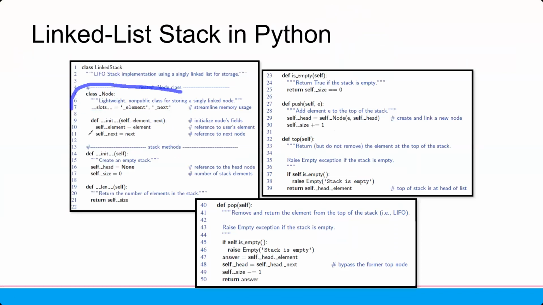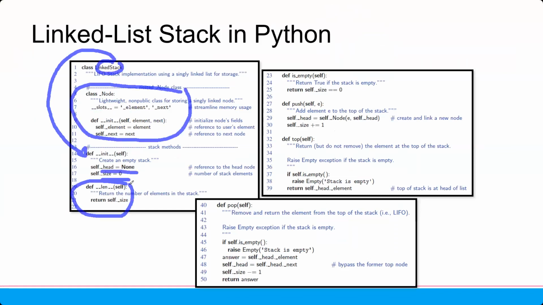This is another class, and when we use the stack, we will construct a new object. The original head is None and the size starts from 0. So the size of the stack is empty if the size is 0.